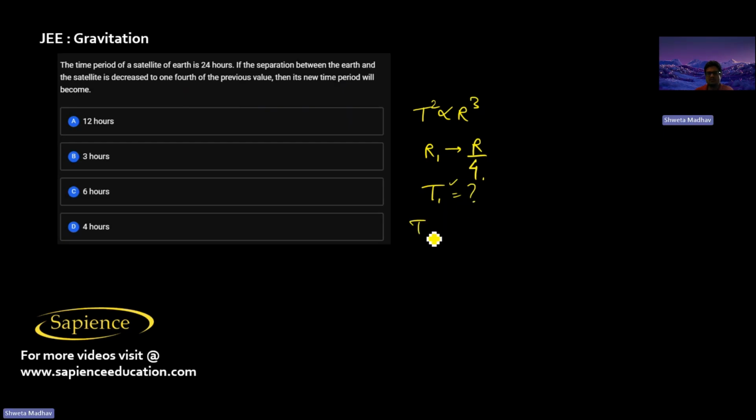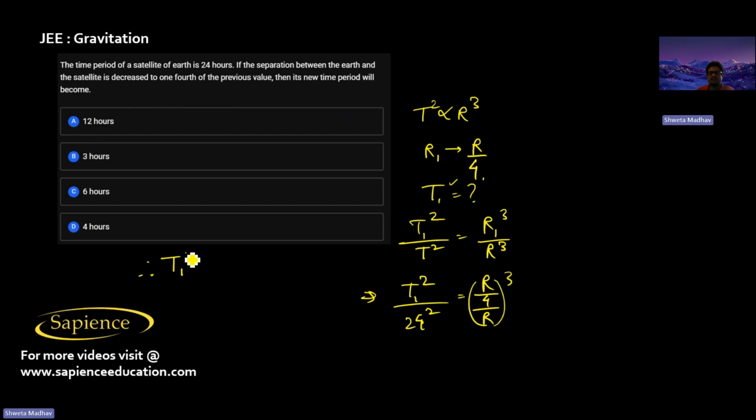So we can say that T1 square by T square, which is 24 square, is equal to R1 cube by R cube, that is R by 4 over R, cubed.